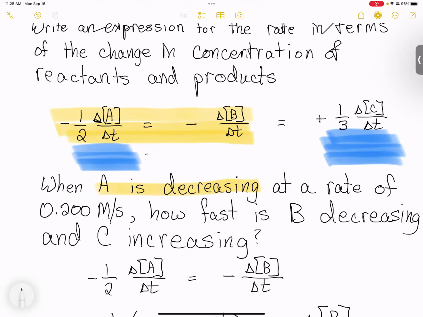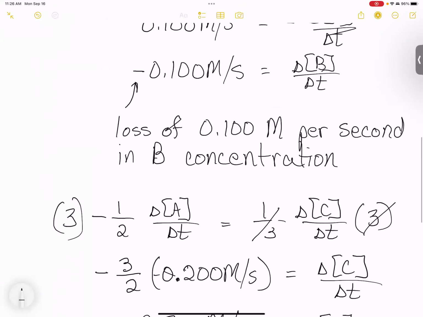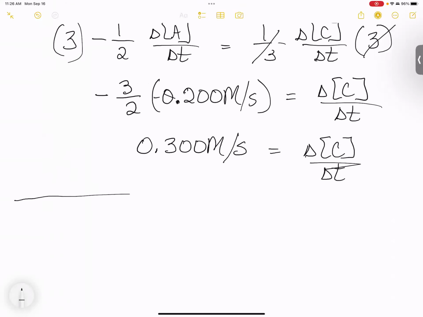That's where experimentation comes into play. And so that's where we're headed with this information, into the experimentation side. We're going to be looking at two different types of experiments that will allow us to calculate, or determine, the rate of the reaction.